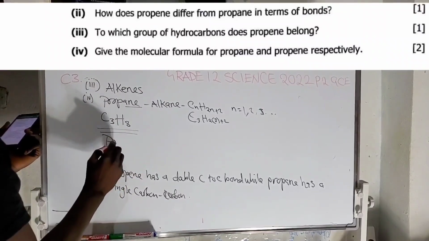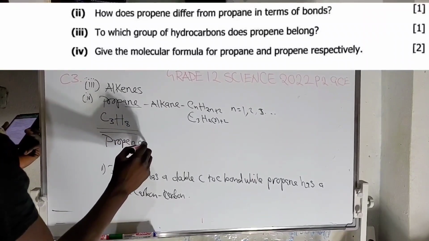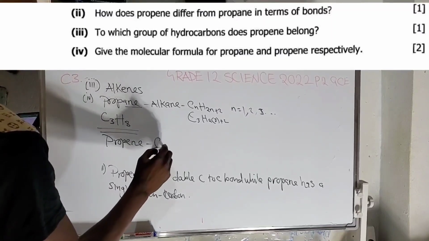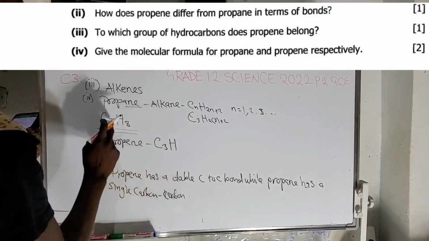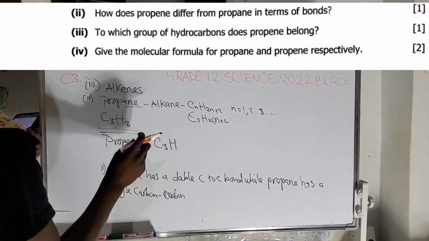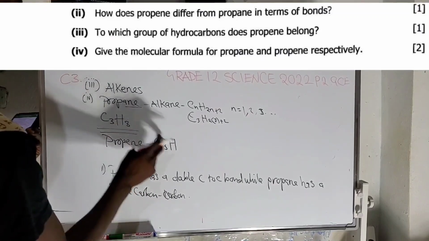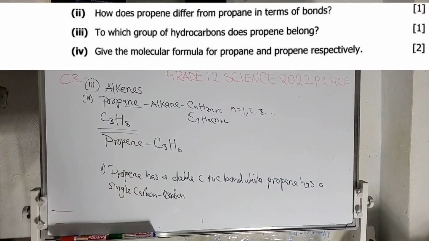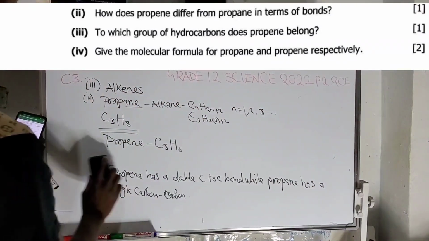Then for propene, the formula is C3, the number of carbon atoms just the same as propane. Only the hydrogen atoms differ, here it is 6. These are the molecular formulae of the two. We still have more questions.